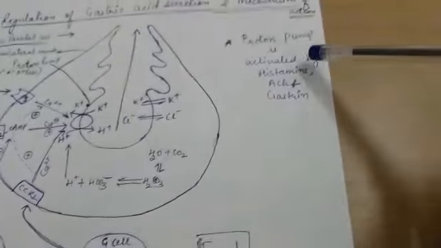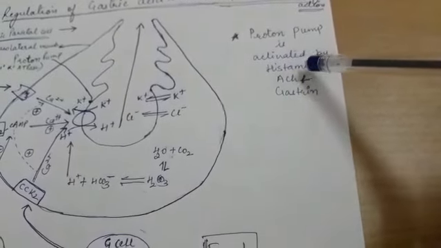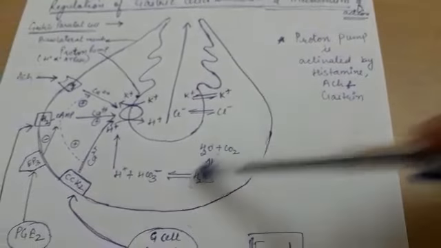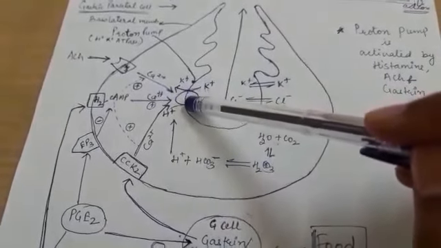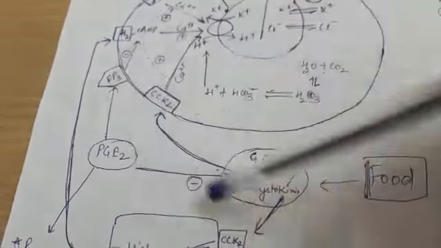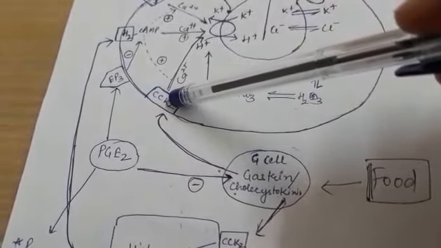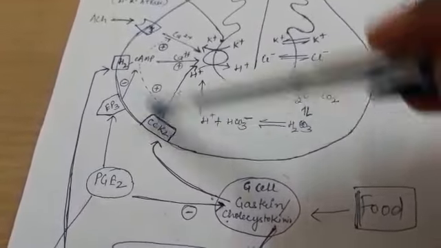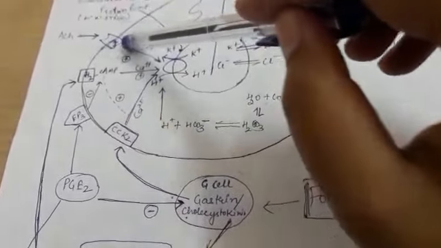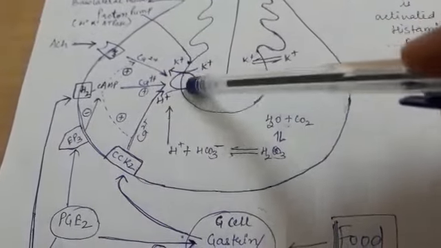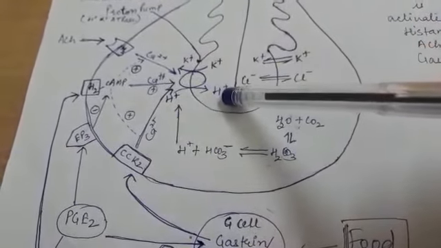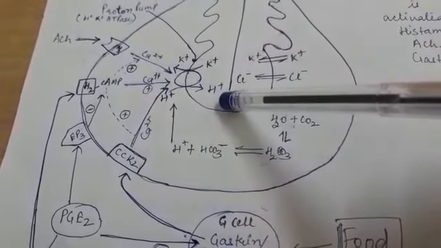So these three factors are activating this proton pump through their specific receptors. Histamine acts by the H2 receptor, gastrin by the CCK2 receptor, and acetylcholine by muscarinic receptors. When this proton pump is activated, the hydrogen ions are secreted and more hydrochloric acid is formed.